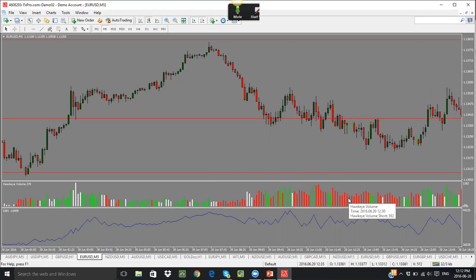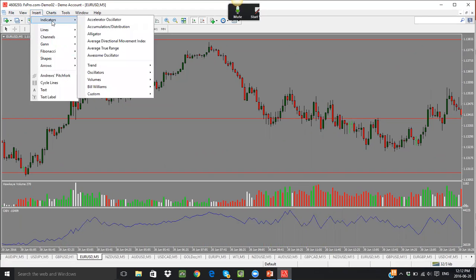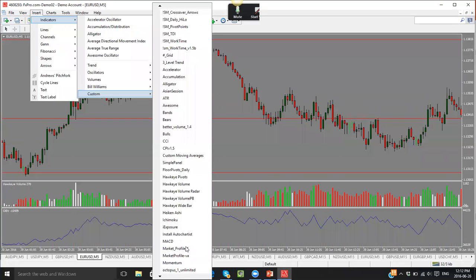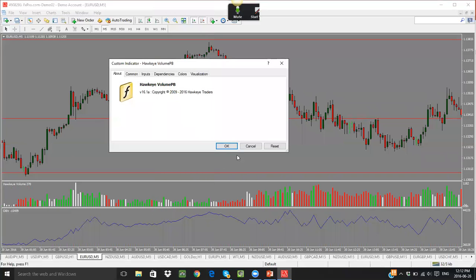This indicator also comes with another graph or template that I don't always use. So if you go insert indicators, custom, and if you look at Hawkeye here, you have Hawkeye volume.